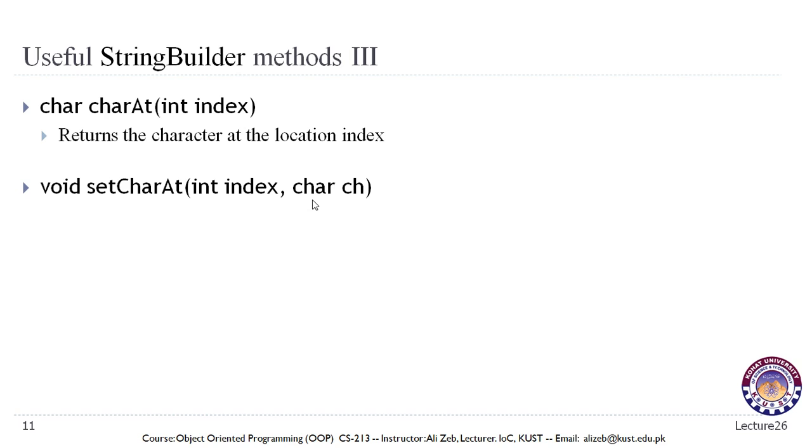We can also set the character at a certain position in our string builder object using the setCharAt method. We pass an index to it, and along with the character, it sets the character at that particular location to the character.